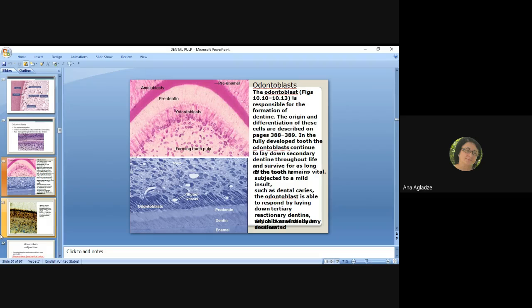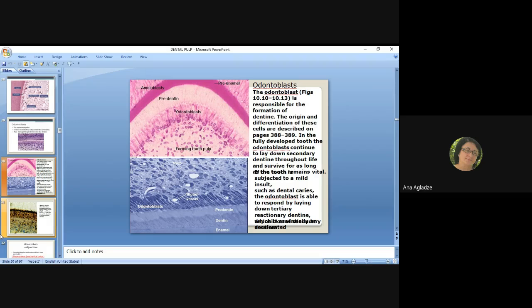It is suggested that odontoblasts could act as sensory receptors, passing on information from the outer dentin to nerve fibers in the peripheral pulp.